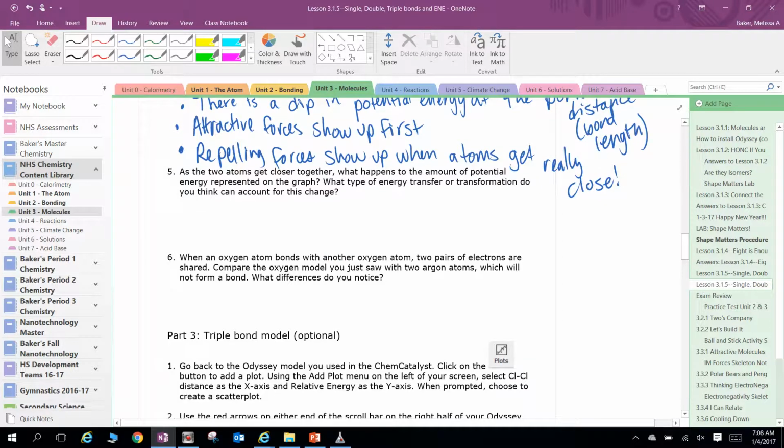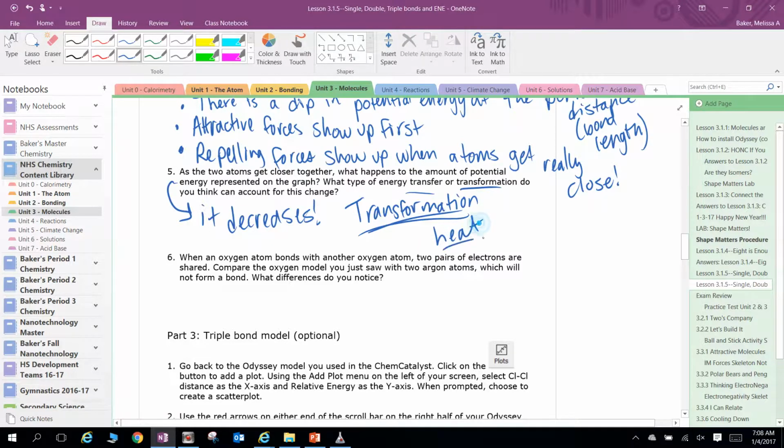As the 2 atoms get together, what happens to the amount of potential energy? It decreases. What type of energy transfer or transformation do you think can account for this change? Well, it must be some sort of transformation. We haven't really learned a lot about the specifics yet, but we're going to see in chemistry when new bonds form and energy is released.